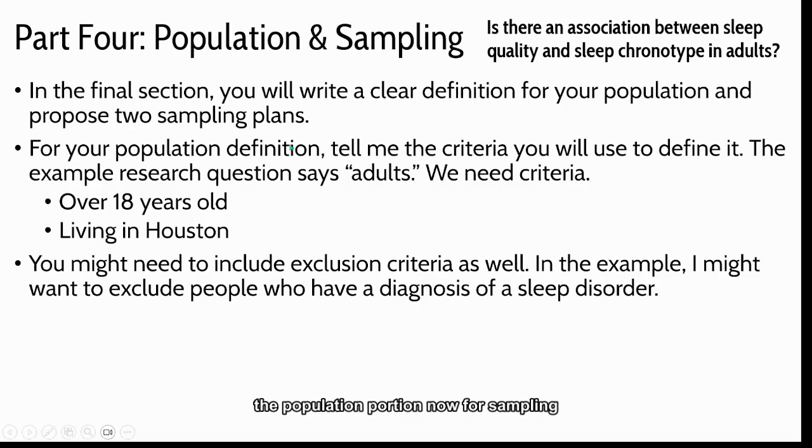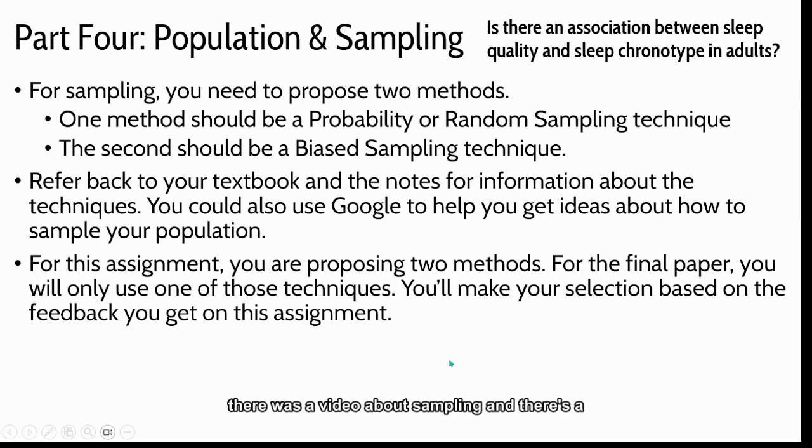Now for sampling, there was a video about sampling, and there's a set of notes, and there are two basic groups of sampling methods. There are the probability or random sampling techniques, and then there are biased sampling techniques. In your final paper, you're only going to use one technique, okay? You can go back to your textbook and look at the different techniques. The notes and the presentation also talk about those techniques.